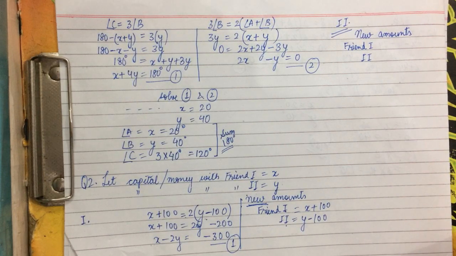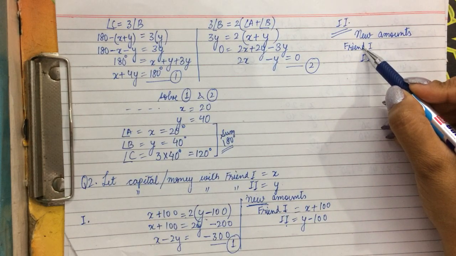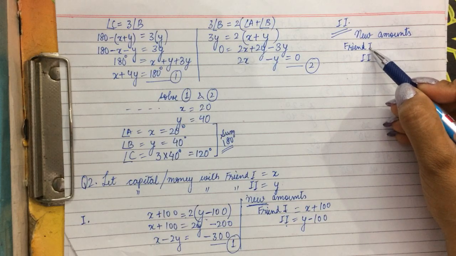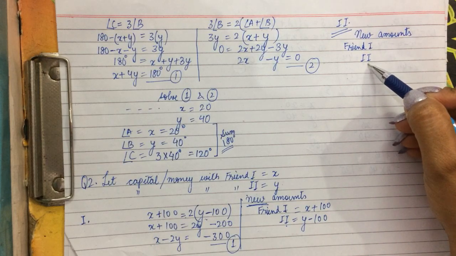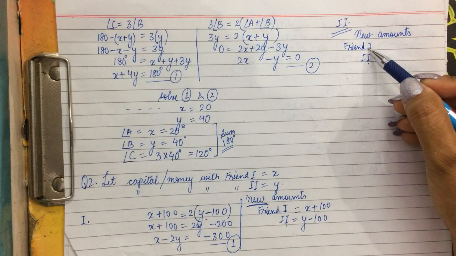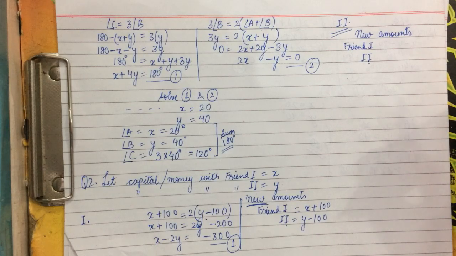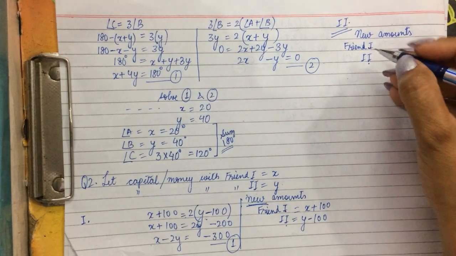In the second case, the second friend is saying, if you give me 10, means the second friend is saying to the first friend that if this person gives 10 to the second one, then what happens? The second friend becomes 6 times as rich as the first person. I would suggest that you read the statement very carefully for this one.